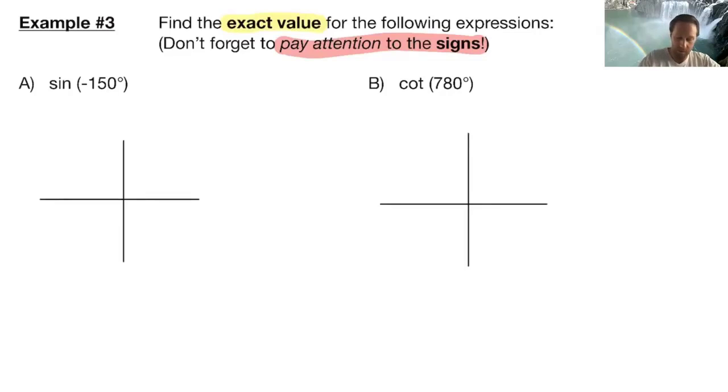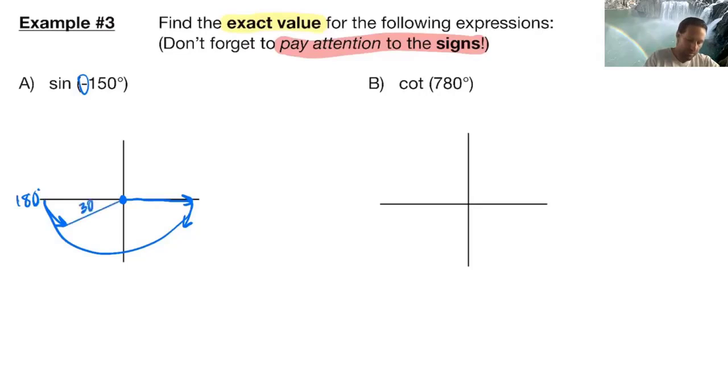And remember, we always initially start, called the initial side, from the origin, facing the positive x direction. And because this one said negative 150, I'm going to have to go downwards first. And I know that I'm going to be using the 180 as my reference, and I know I'm not quite going 180, so I'm going to have to go 180 and come back how much to only be 150?